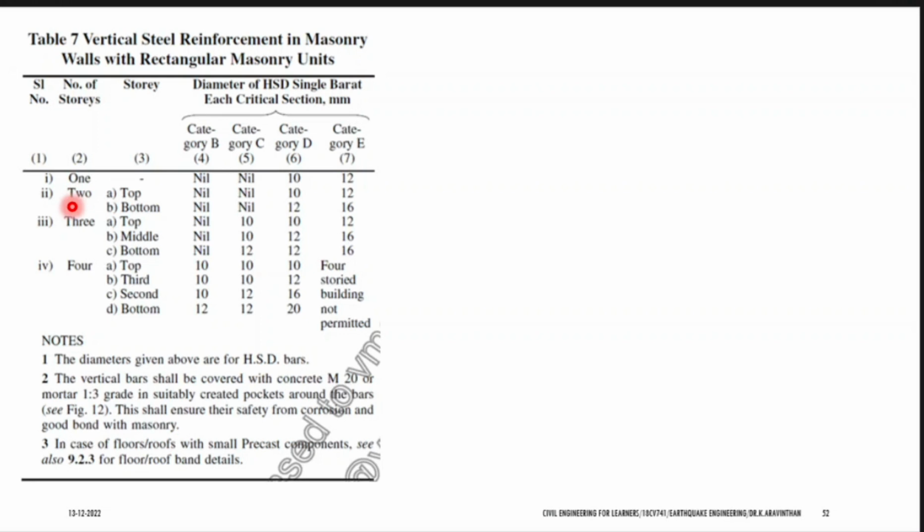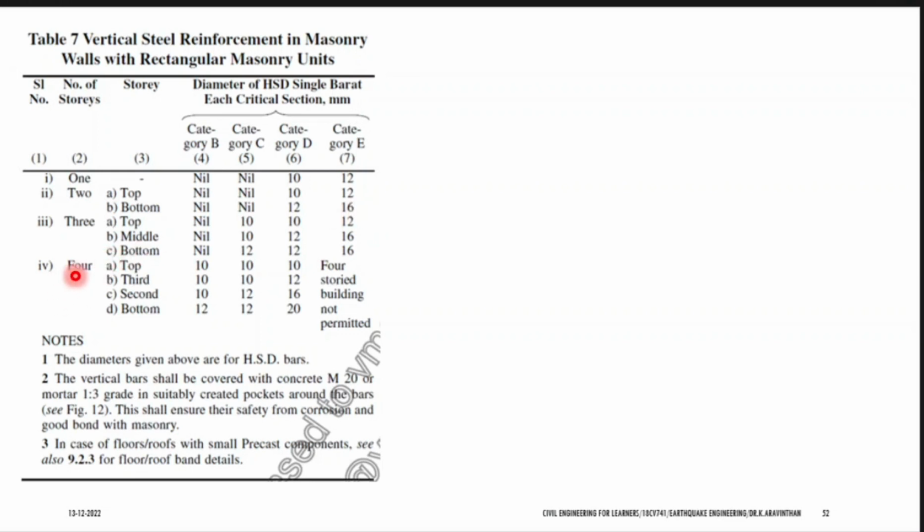Now, if you are providing 2 stories, what should be the top, bottom? In category D, you have 10 mm dia bars and 12 mm dia bars. At category E, you should use 12 mm and 16 mm dia bars respectively.